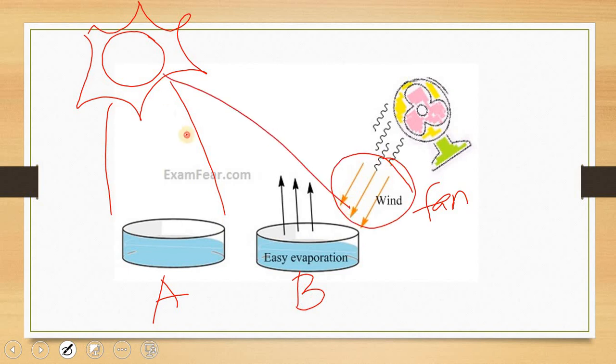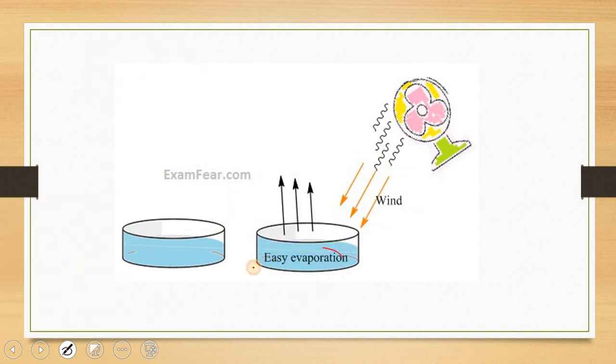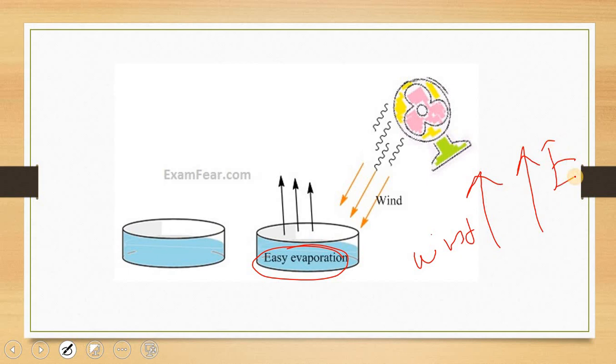When the sun tries to evaporate this, it will be much faster and much easier because of the wind. So when you have wind, or increased speed of the air, then your evaporation rate will also increase. Okay, bila kamu ada angin, dia akan cepat kering.